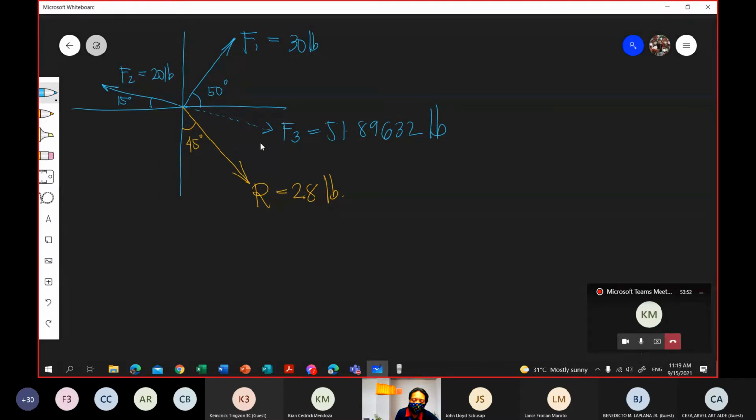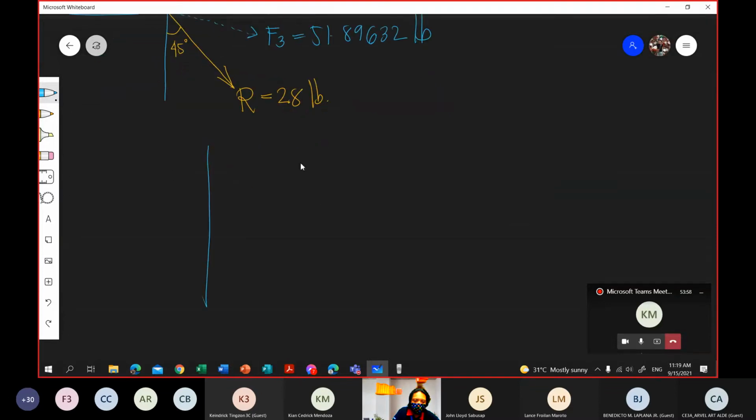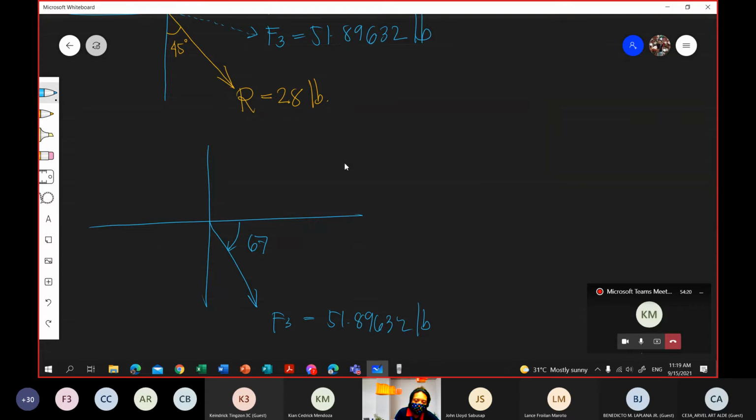I-drawing ko na lang ha. 67 man, so 45. So, somewhere here. This is your F3, and F3 is 51.89632 pounds. And the angle here is 67.53104.